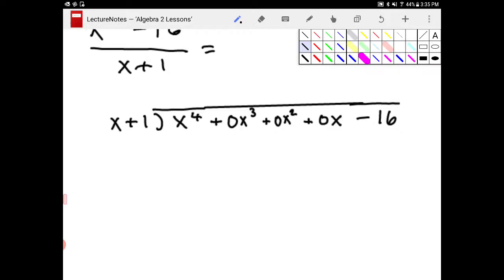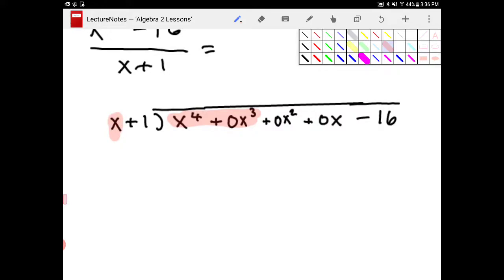So I have x plus 1, and I need to divide this into, because x plus 1 is a binomial, the first binomial I see, and that is this guy right here. And the way in which we approach this is, what do I have to multiply x by to get x to the fourth?